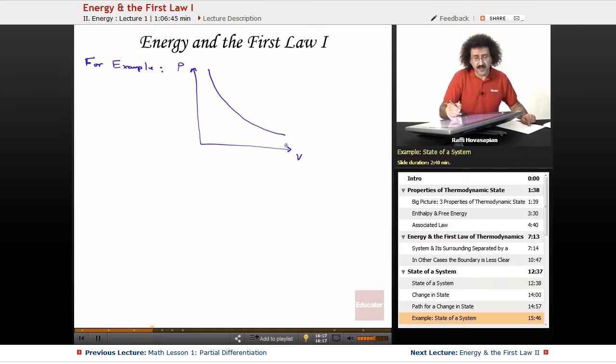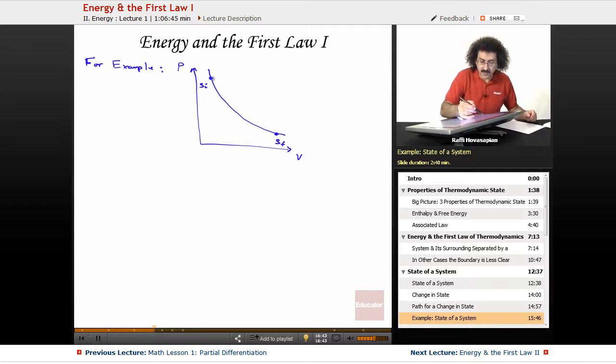As pressure decreases, volume increases, or as volume increases, pressure decreases. If you perform the change in volume, change in pressure, and keep the temperature constant, it's going to follow something called an isotherm. Okay, so let's call this our initial state. Let's call this our final state. So let me go ahead and do SI and SF, initial and final state.